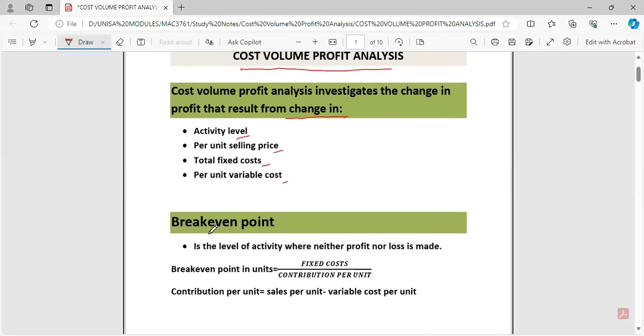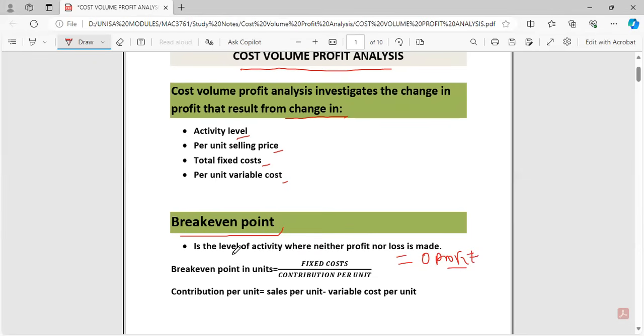So I think we are just repeating what we did in 2601. These are part of 2601. Break-even point is the point where there is zero profit. You still haven't started to make a profit.